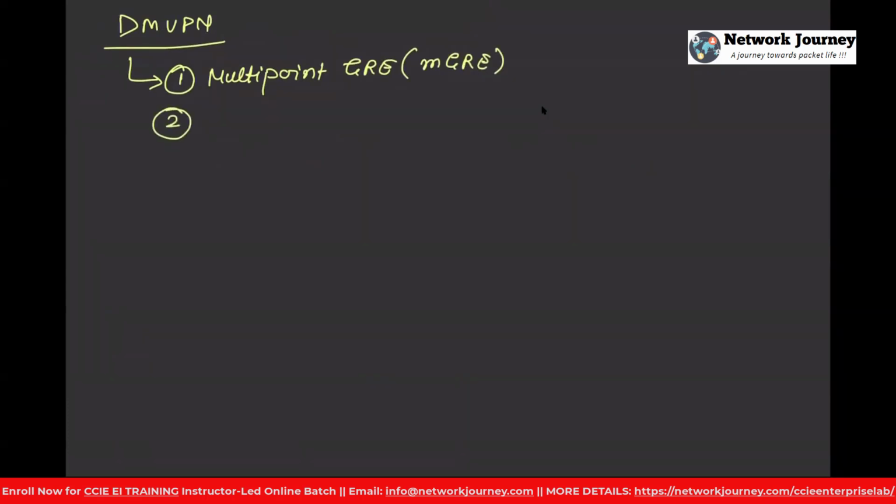The second component is NHRP, which is a protocol used to dynamically map your public IP with the tunnel endpoint. It stands for Next Hop Resolution Protocol.